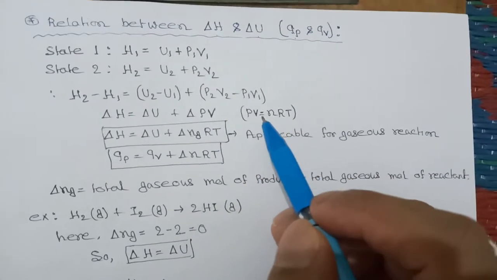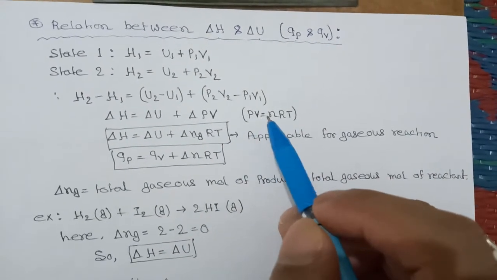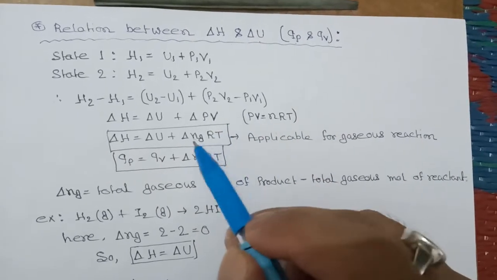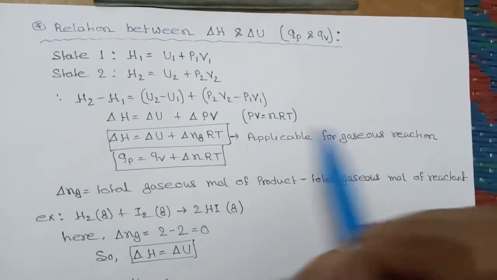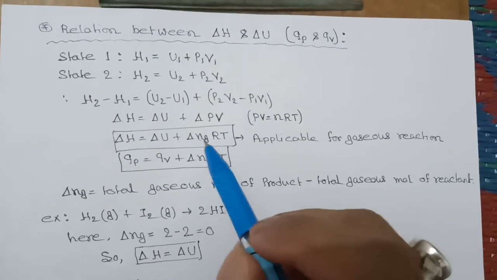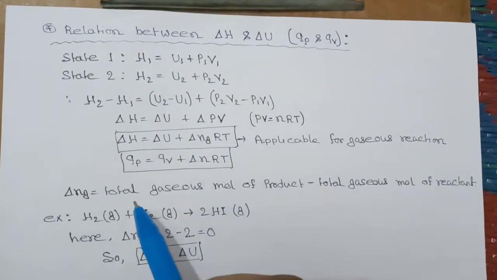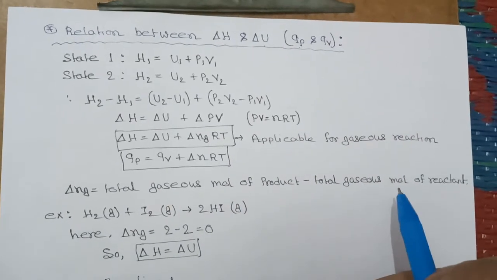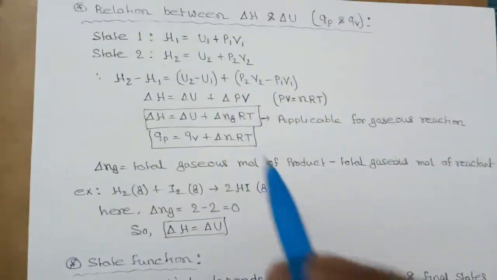We all know for ideal gas equation, PV is equal to nRT. So, in place of PV, we can replace it by nRT. And for gaseous reaction, we can write del ng. Here, del ng means total gaseous moles of product minus total gaseous moles of reactant.